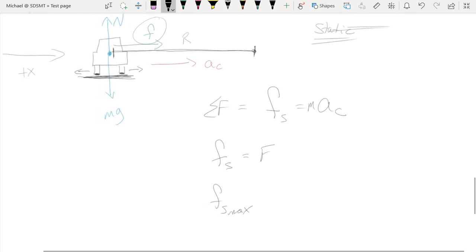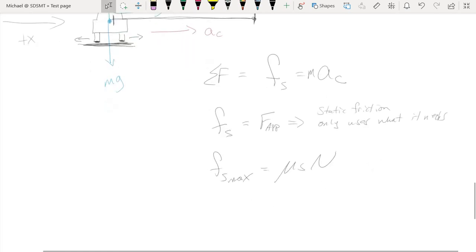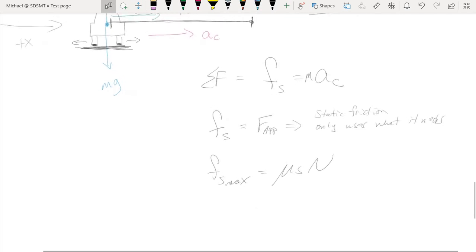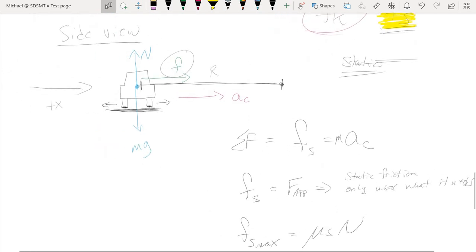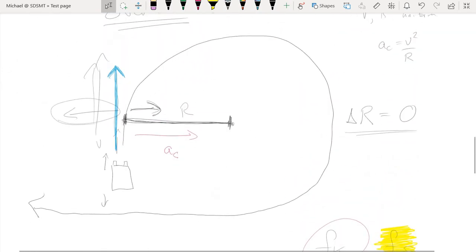We have regular static friction, which is essentially just equal to the applied force, but you'll remember we said that static friction only uses what it needs, whereas the maximum static friction is based off of that breaking point analogy. And now we have enough information to put everything together into an example problem.